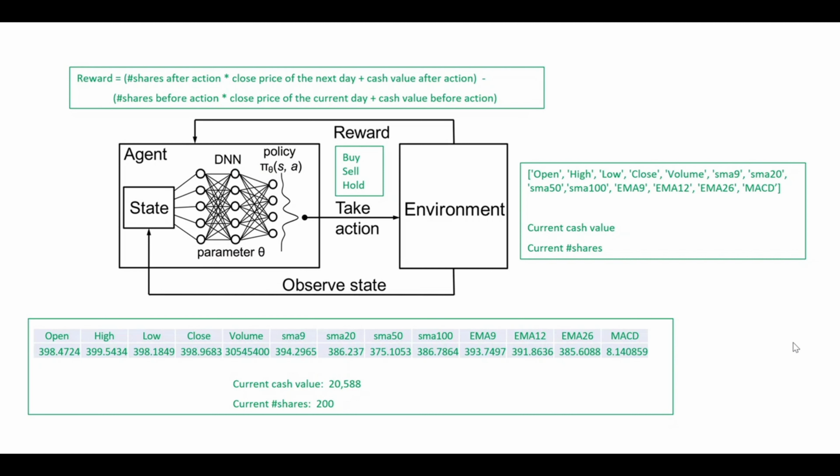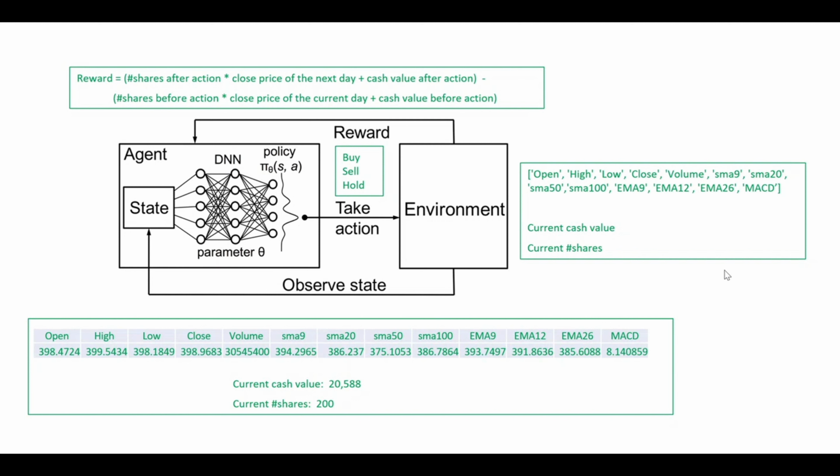The high-level description of the reinforcement learning process may still sound very abstract. So now let's put this process in the perspective of stock trading so that you may gain a more solid understanding of it.